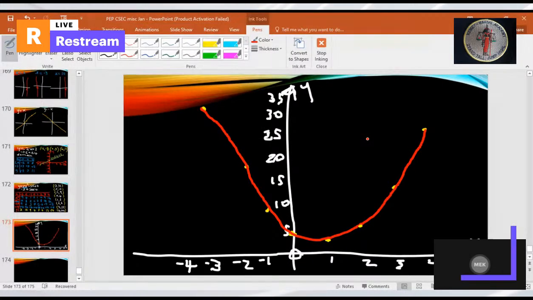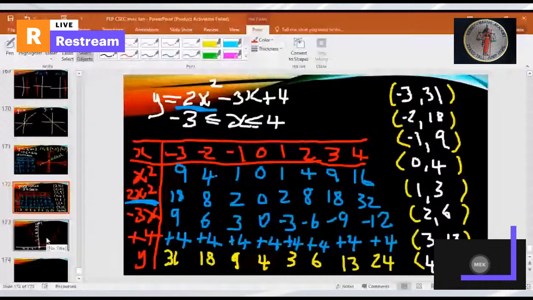We're going to write our equation. So it was y equals 2x. Let me double check that. y equals 2x squared minus 3x plus 4.